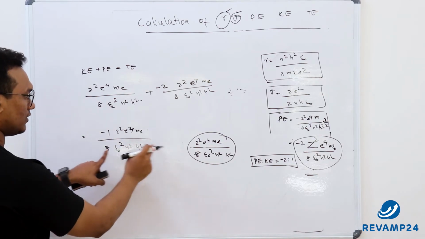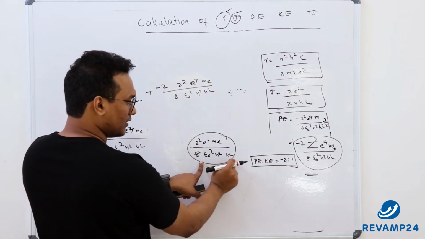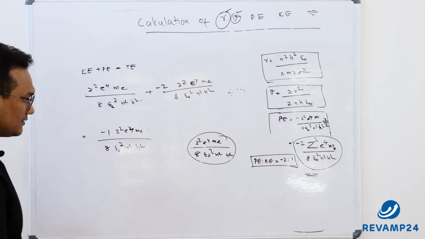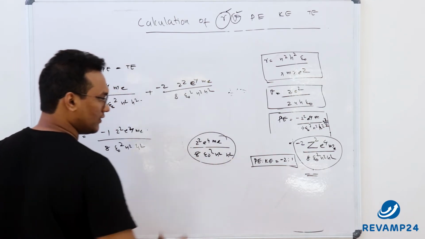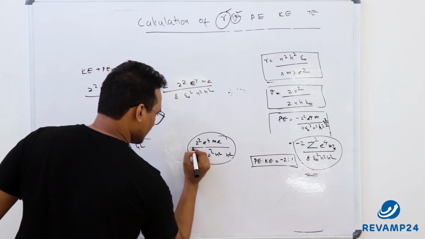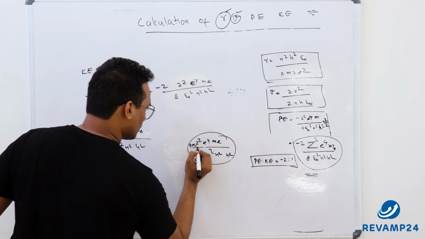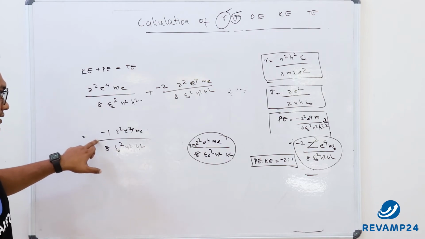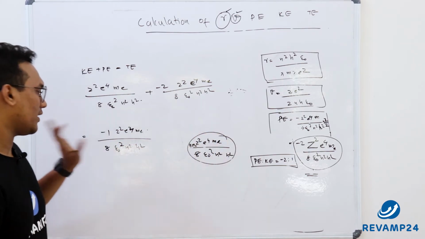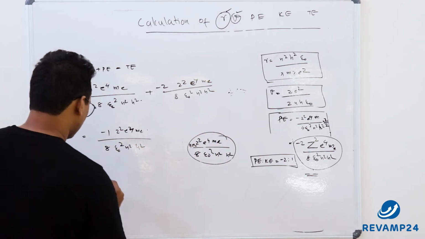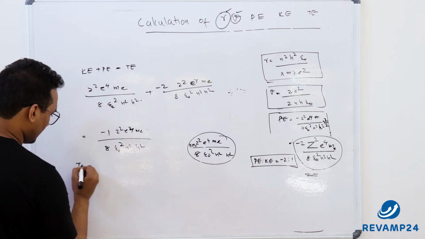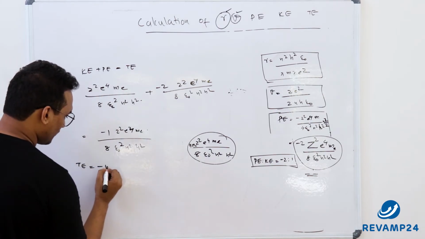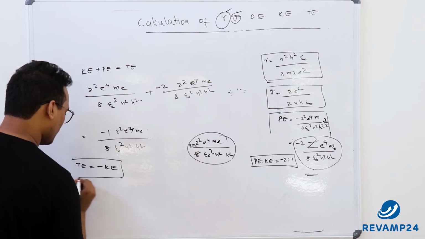So what is this value? That is just the opposite of kinetic energy. See the value here. This was kinetic energy, right? KE is equal to this one. Now compare this equation, that is this value into minus 1. So total energy is equal to minus of kinetic energy. This is a very important relation.